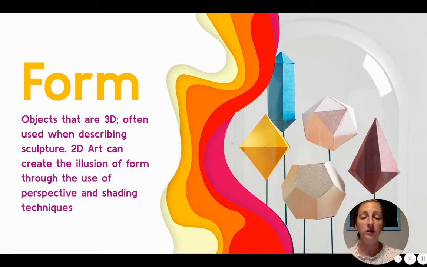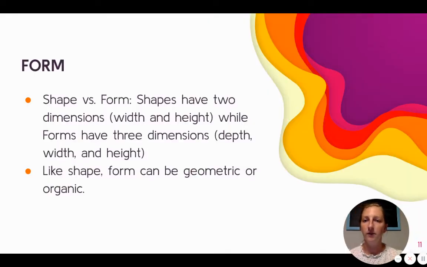We are in 2D design, and so we won't be creating 3-dimensional forms, but we will be creating an artwork that uses perspective techniques to create the illusion of form. Okay, like I said previously, it's 2 dimensions versus 3 dimensions, okay?